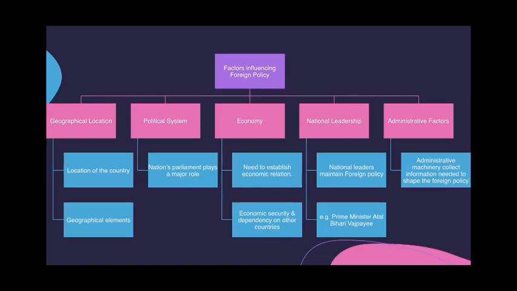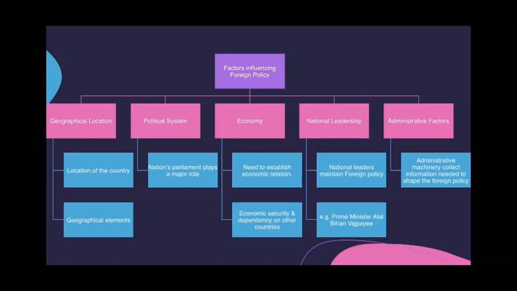Some examples are that Prime Minister Atal Bihari Vajpayee tried to improve China and India relations. Pandit Jawaharlal Nehru, the first Prime Minister of the country, contributed in creating the policy of non-alignment. It is an important policy that is still followed.